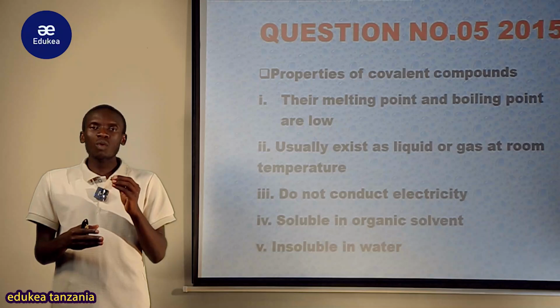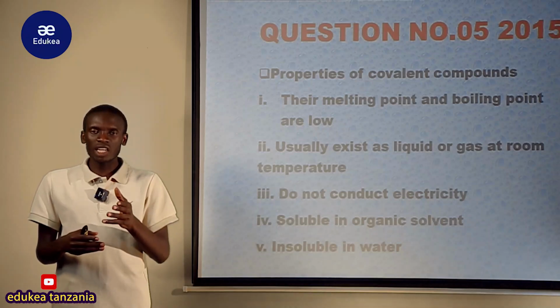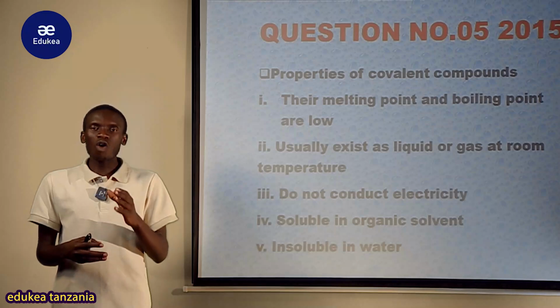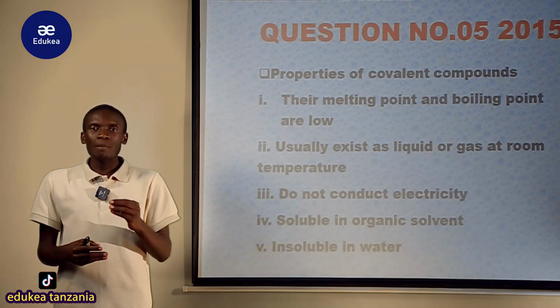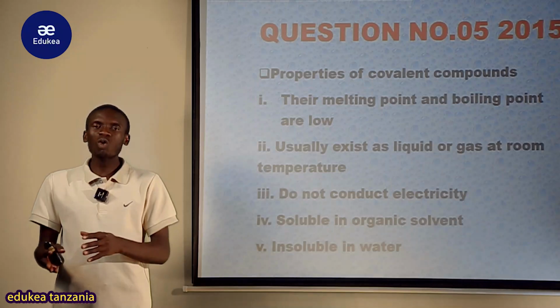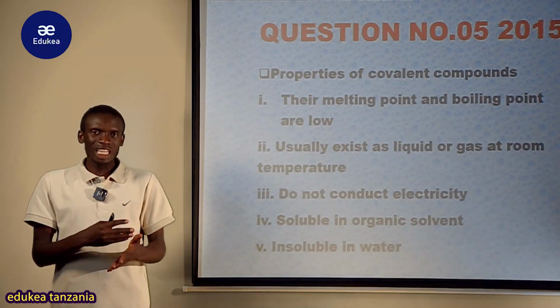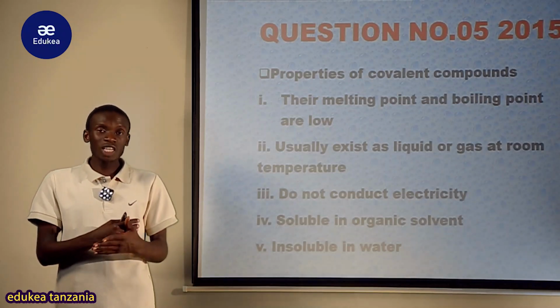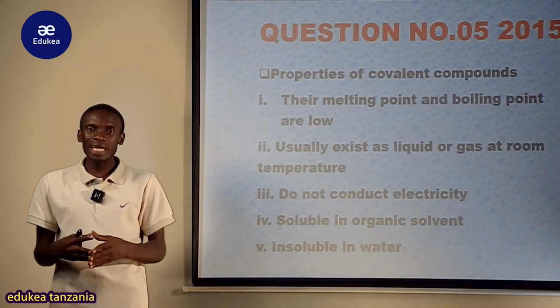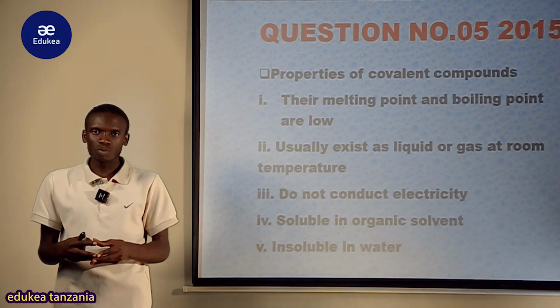But when you say electrovalent bond, electrovalent compound or ionic compound, these are compounds that are made by transfer of electrons. Na kule tunakuta kuna cation na anions, lakini kwenye covalent compound hakuna kuzungumzia kwamba hiki ni cation au ni anion, hakuna kitu kama hicho.